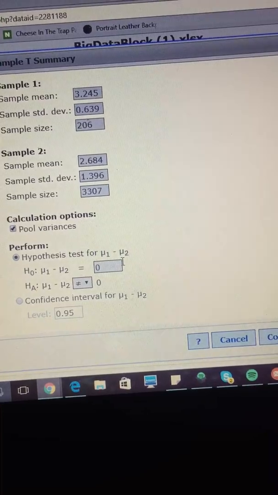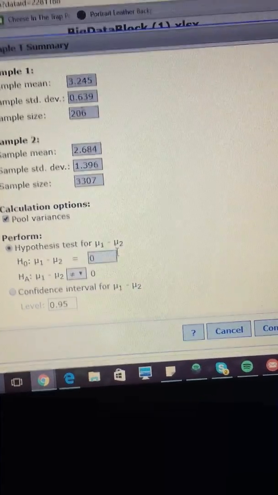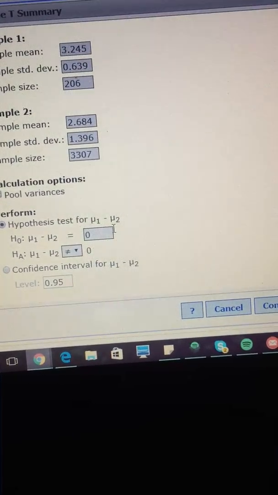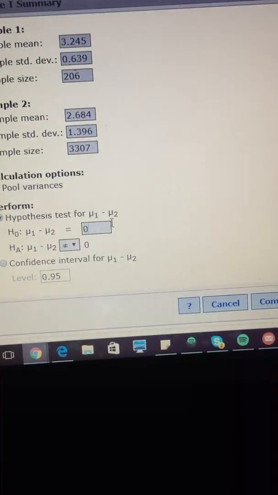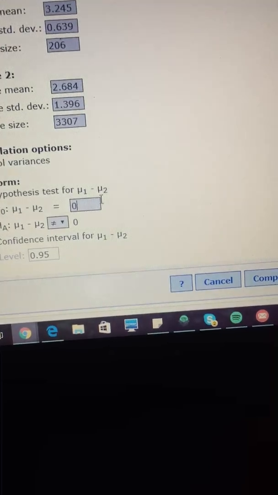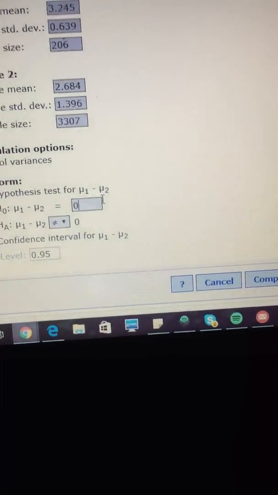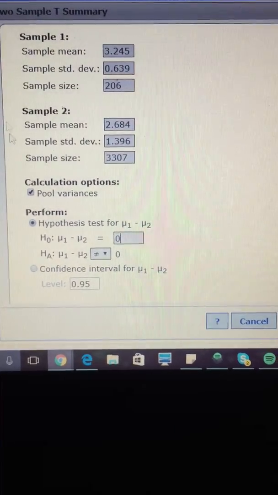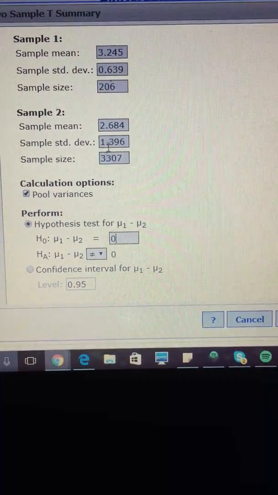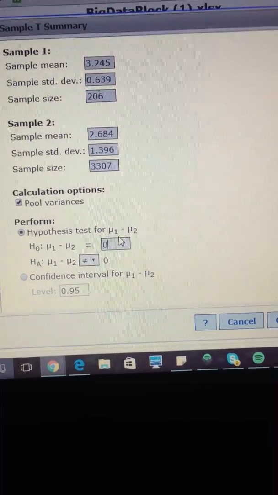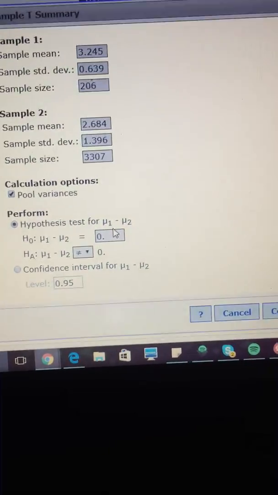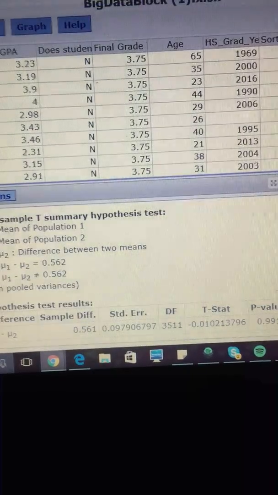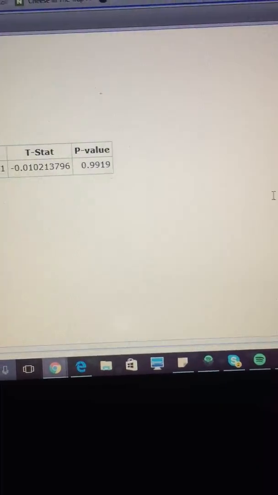For the hypothesis test, the alternative is that the students who do go to the writing center have a higher final grade compared to those who do not. You subtract the mean of the second sample from the mean of the first sample, and you get 0.562, and you compute that, and this is what you get.